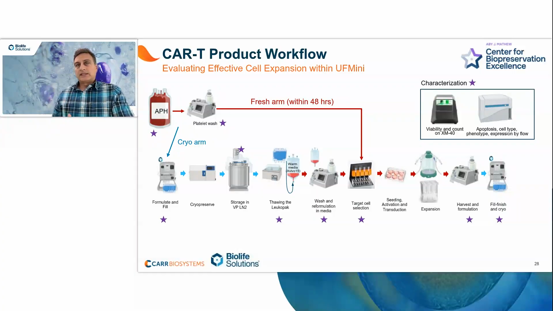We used the Chemometec NC-200 platform for viability and count. For the apheresis product that contains multiple different cell types, we used the white blood cell count protocol. And then once the cell selection was done and we were just working with mostly a pure population of T cells, we used the standard viability and count protocol afterwards. And for further characterization of the cells for apoptosis, cell type, phenotype, and other expressions, we used flow cytometry throughout the process.